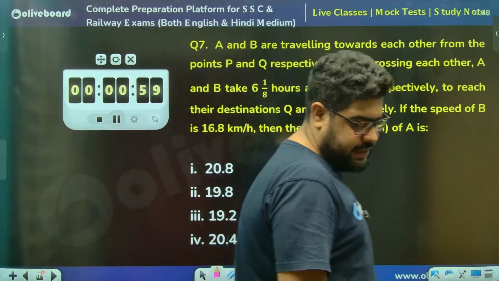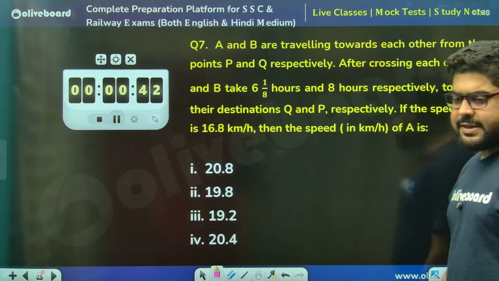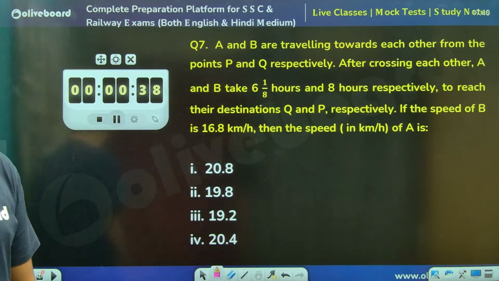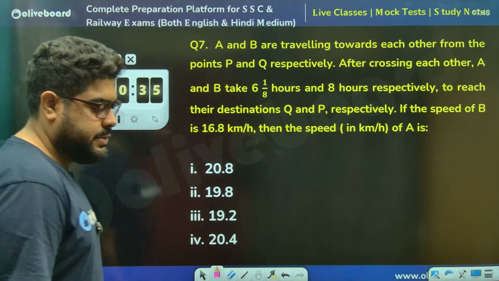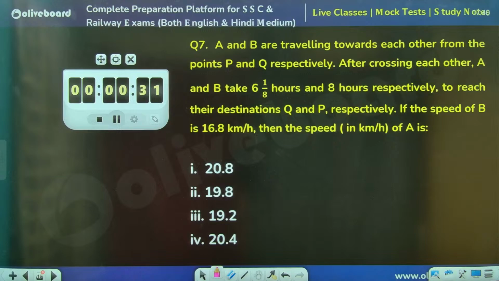Answer quickly. Need answers very quickly. A very specific question, this one. Very, very specific question, has been asked multiple times beforehand as well. If you know, then it is a 10-seconder, if you can identify this.